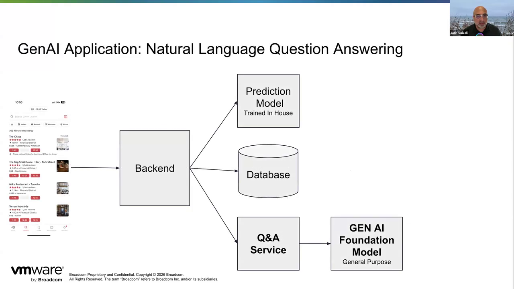So our architecture evolves: my backend still calls the database it had before, and it still calls the prediction model that's trained in-house. But now we have this new Q&A service, which is going to use a Gen AI foundation model, something like ChatGPT or Claude or Gemini or Kimi or K3, or whatever it happens to be.